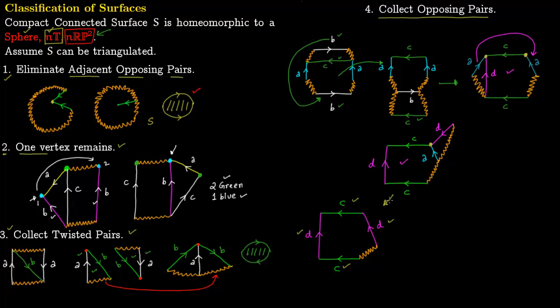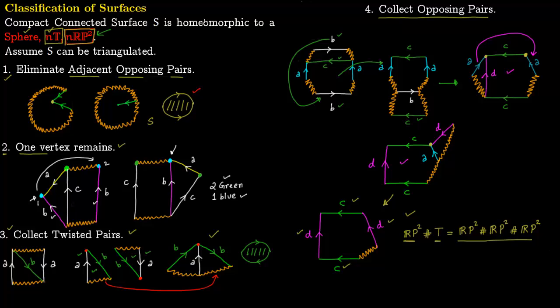So the only problem you're going to get is that you get a torus and then you get this projective plane, but that is essentially not a problem, because we have seen that a connected sum of a projective plane with a torus is just equal to nRP2 again.